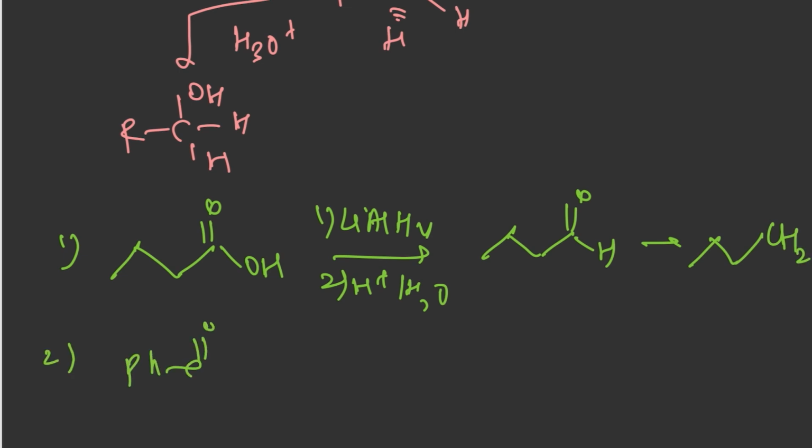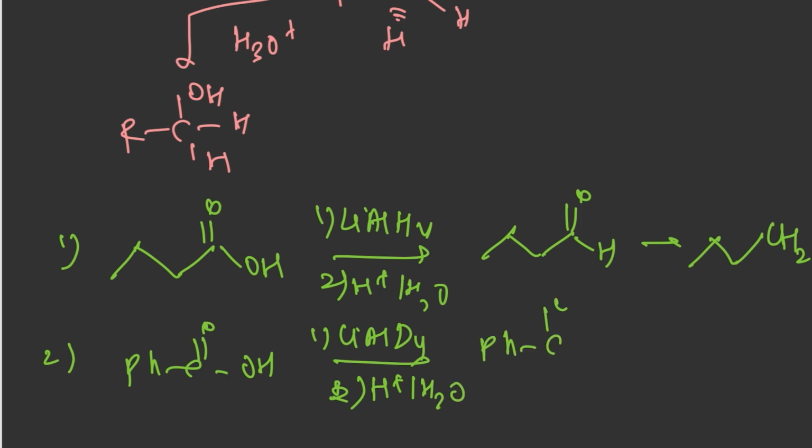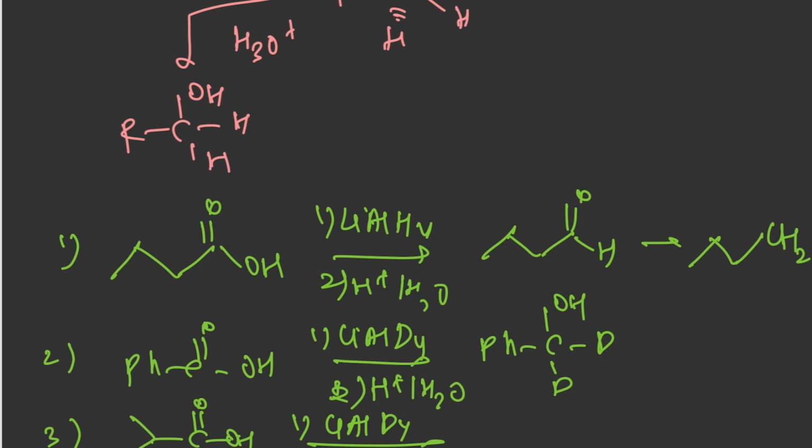First LiAlD4, second H plus H2O. It will form PhCD2OH. Third we have LiAlD4, second D plus D2O. So it will form three deuteriums.